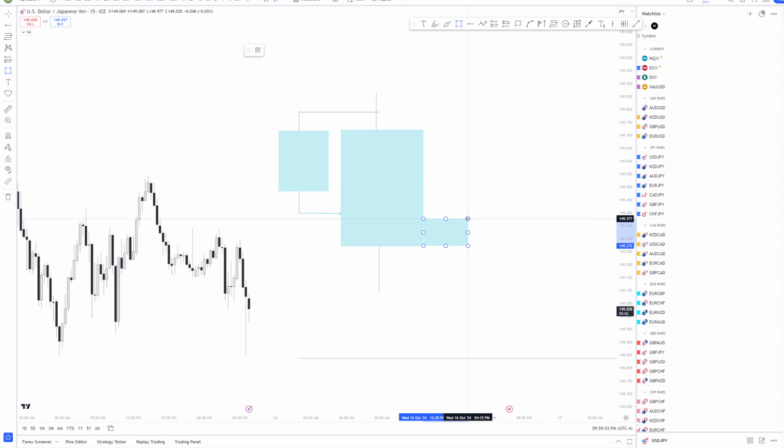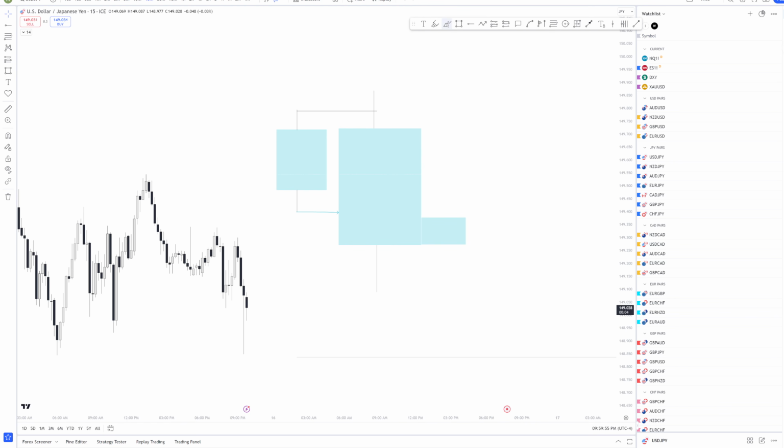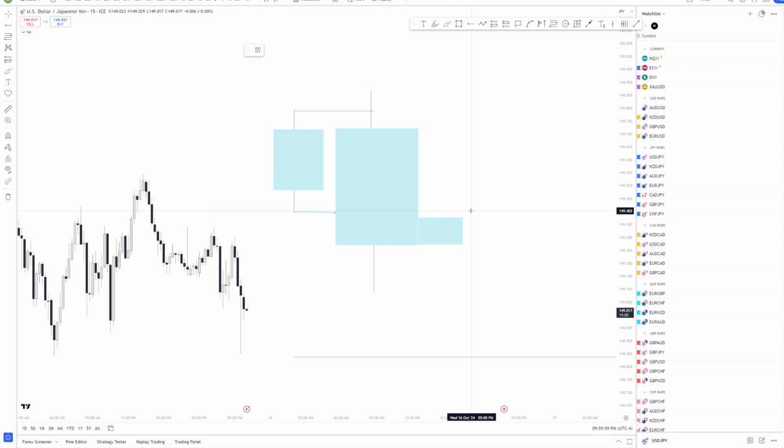So you have Asia accumulating, and London will come in with volatility. So that is time and price. Volatility equals time, time equals volatility. Once you realize that, you realize that if Asia has accumulated, London should manipulate, make the high, then start displacing lower, and New York should continue the displacement lower till we meet our objective.